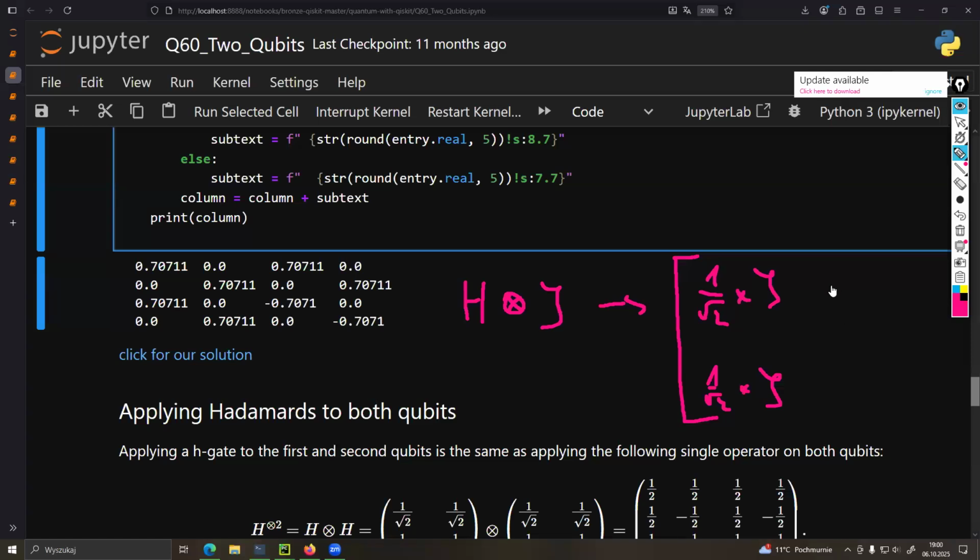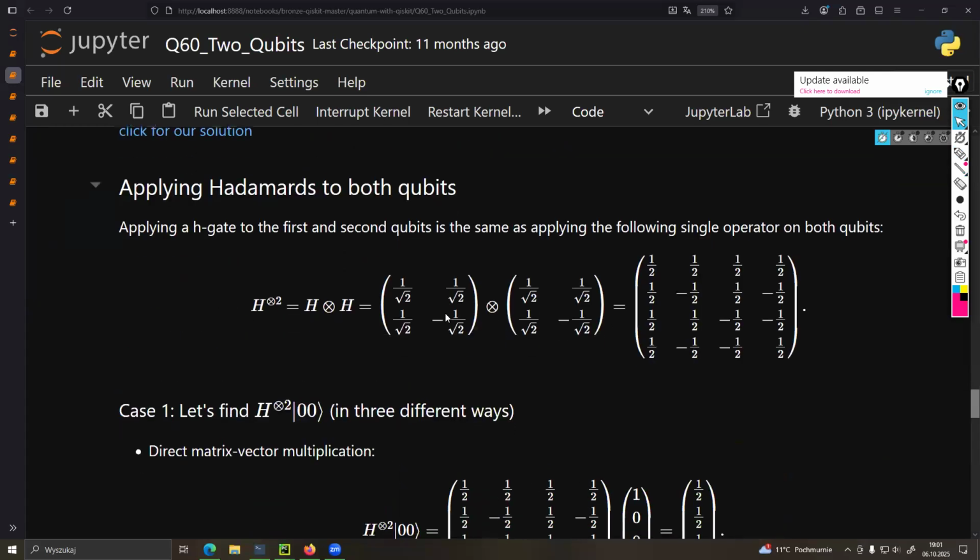So now regular X, I will make it like that. 1 over square root of 2, and then here is minus, as we can see, multiplied by I, and this was the matrix.